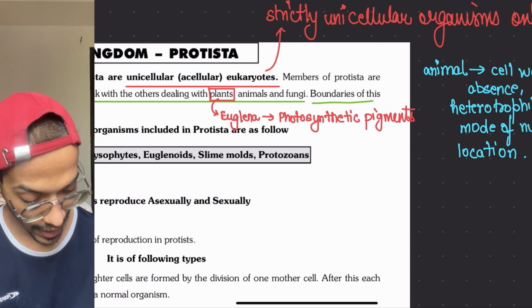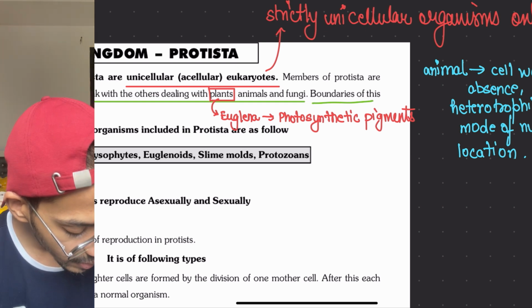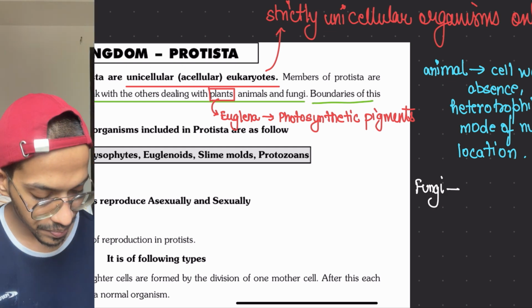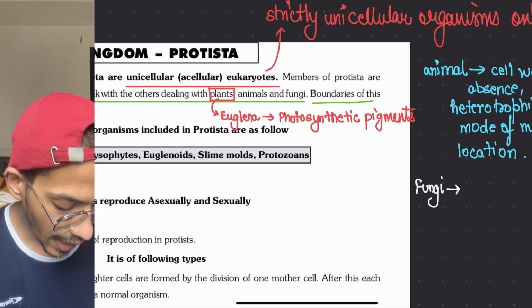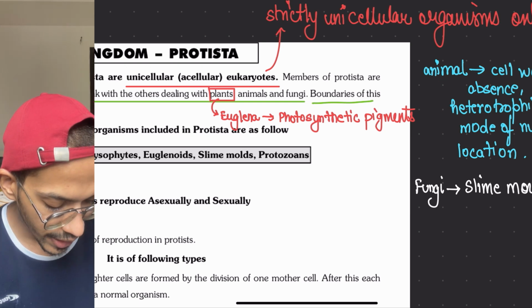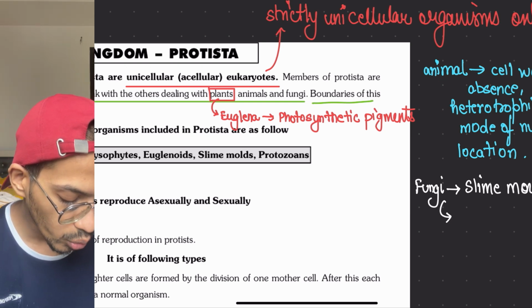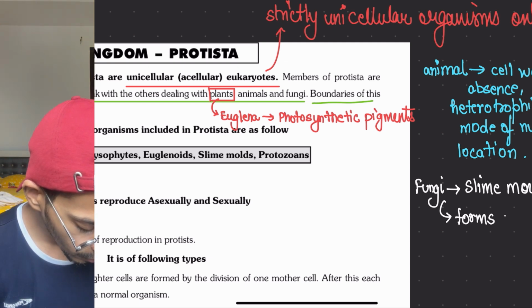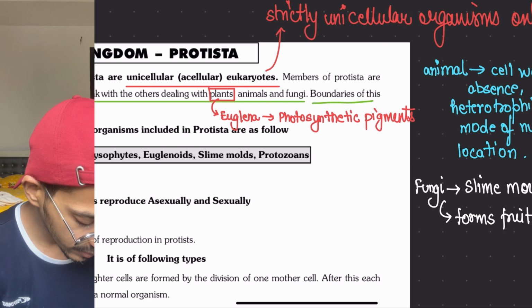These are animal kingdom features. And the last one would be fungi. For this, the example is slime molds, because slime molds form fruiting bodies, which is similar to the fungi feature.